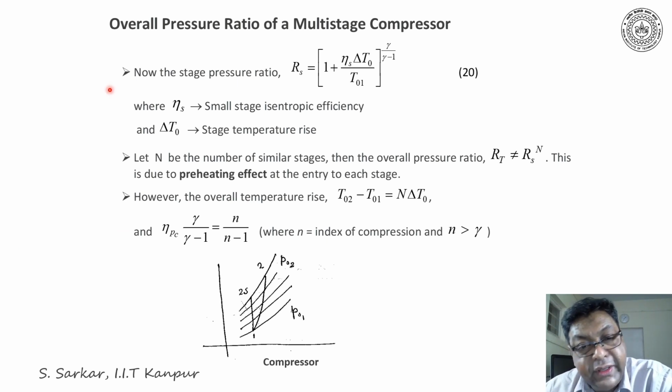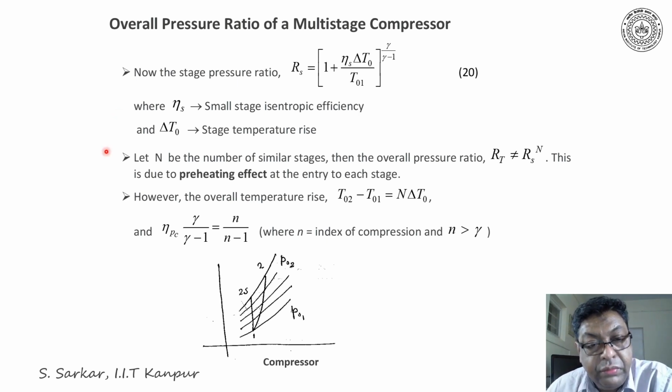I have already derived the expression for stage pressure ratio RS equal to, within the bracket, 1 plus eta S into delta T0 divided by T0 1, to the power gamma by gamma minus 1, where eta S is the small stage isentropic efficiency and delta T0 is the stage temperature rise.